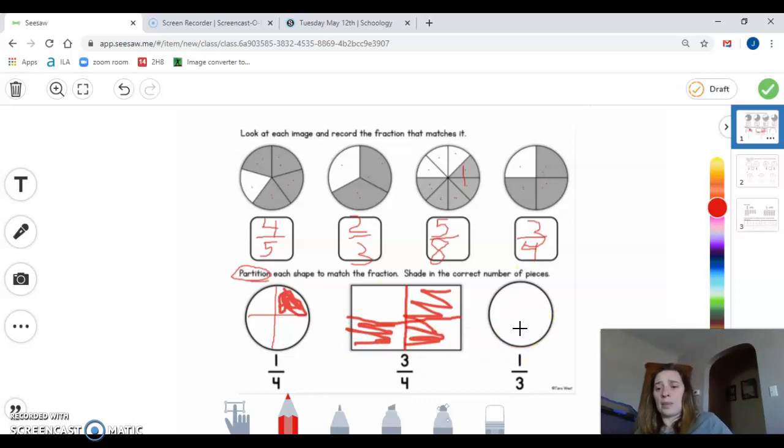I have to partition this one into thirds. I am not good at thirds, but remember, you put your dot in the middle, and then I need to make a Y going out. A Y going out. And then I need to shade in one of them. Okay, so that's these parts.